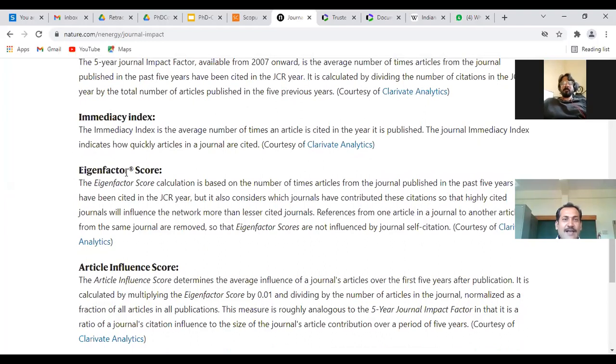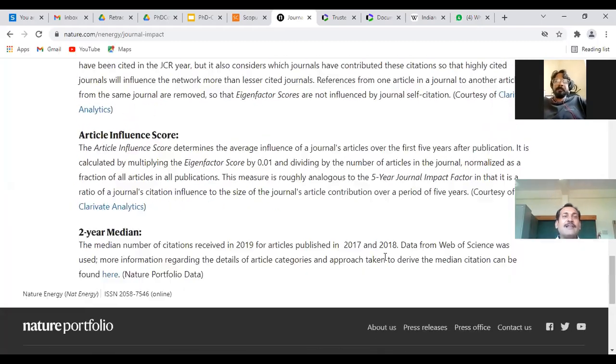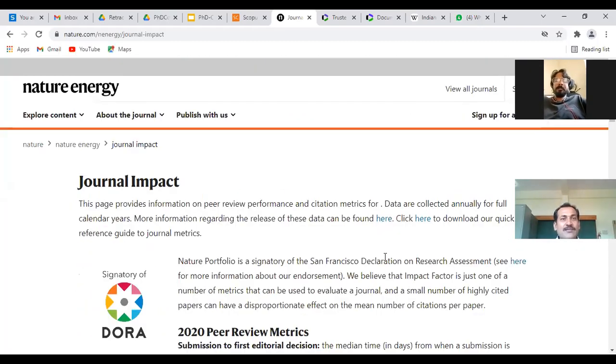Similarly, we can have eigenfactor score, that is again the score to give the analytics in the past 5 years, right? Analytics in the past 5 years. So all these analyses are there that will be given in the journal impact, right?